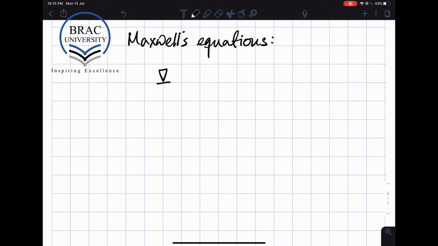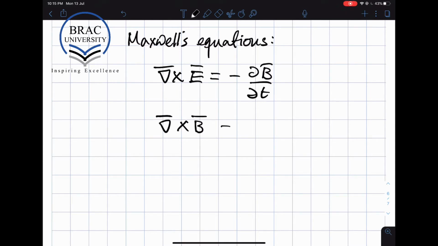We have curl of E is equal to minus del B by del t. This is Faraday's law. And then we have curl of B is equal to del E by del t, and this is Ampere's law.